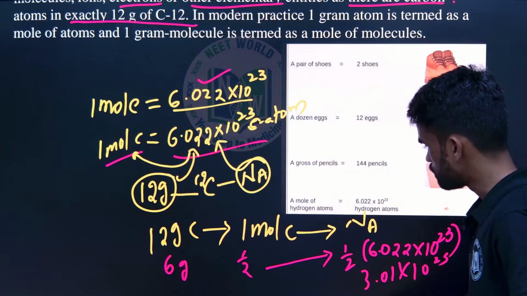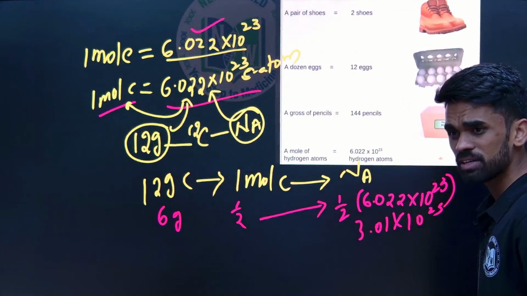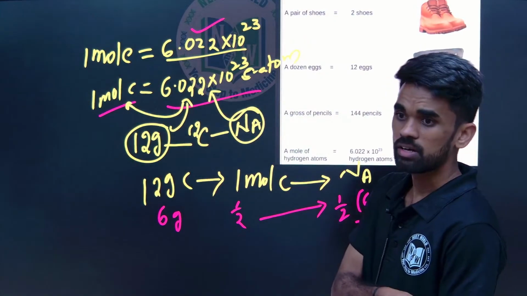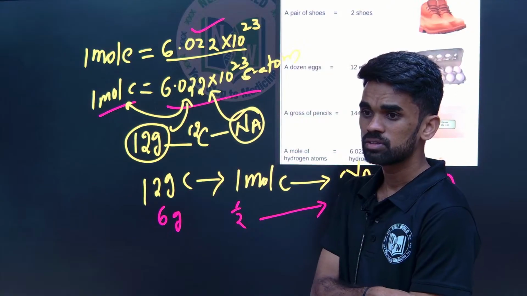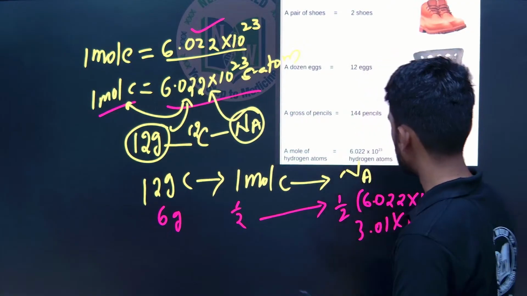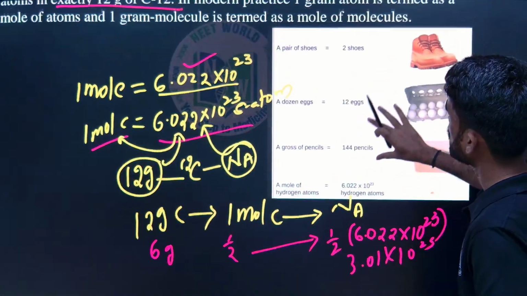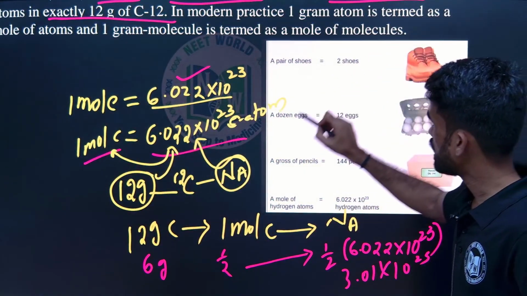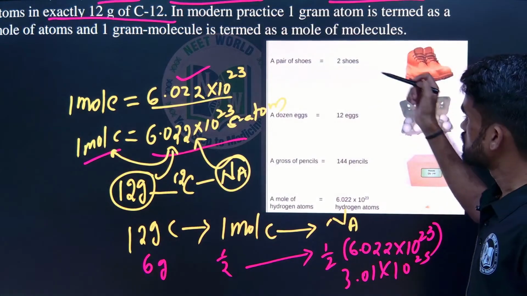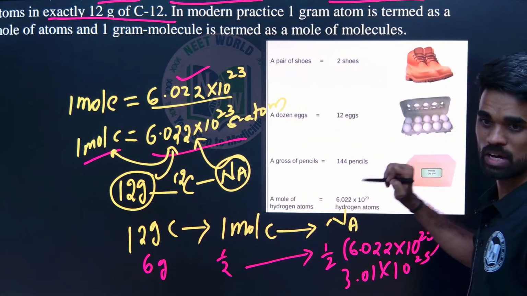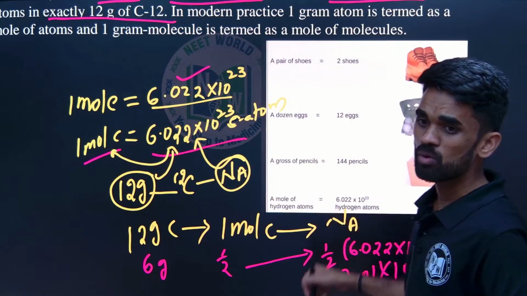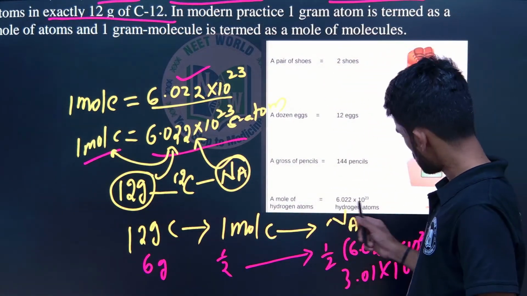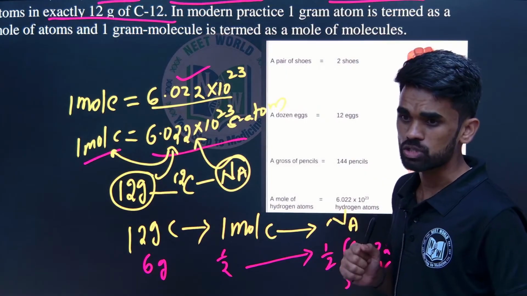Now if only 3 grams of carbon is given, that is 1/4 mole of carbon. I will tell you how. Just look here: a pair of shoes means 2 shoes, a dozen eggs means 12 eggs, similarly a gross of pencils means 144 pencils. If I say 1 mole of hydrogen atoms, it means Avogadro number of hydrogen atoms are there.